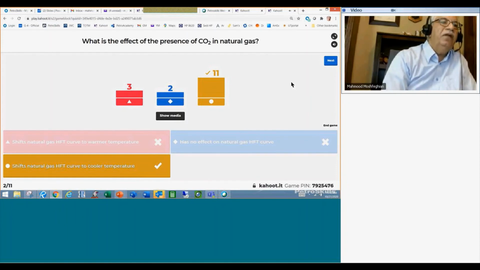So it shifts the hydrate curve to the cooler temperature, which is to the left.